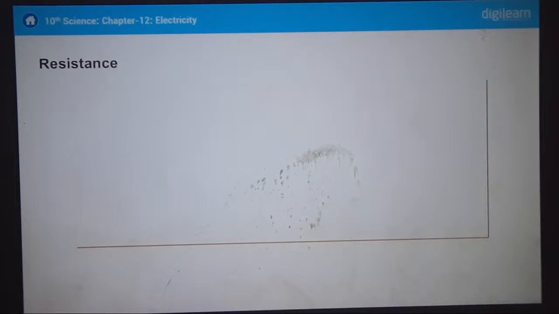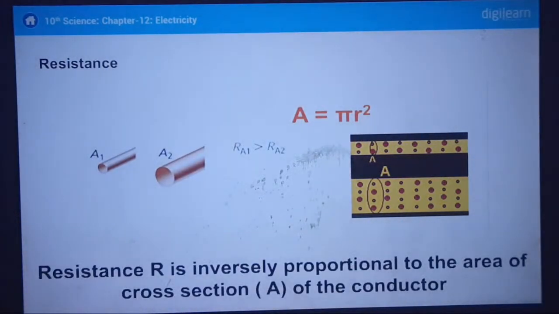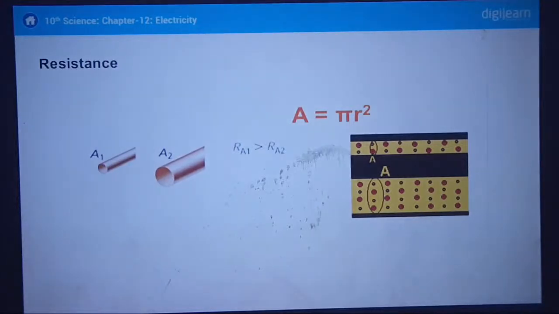Area of cross-section. Resistance R is inversely proportional to the area of cross-section A of the conductor. This means R will decrease with increase in the area of the conductor and vice versa. More area of the conductor facilitates the flow of electric current through more area and thus decreases the resistance.